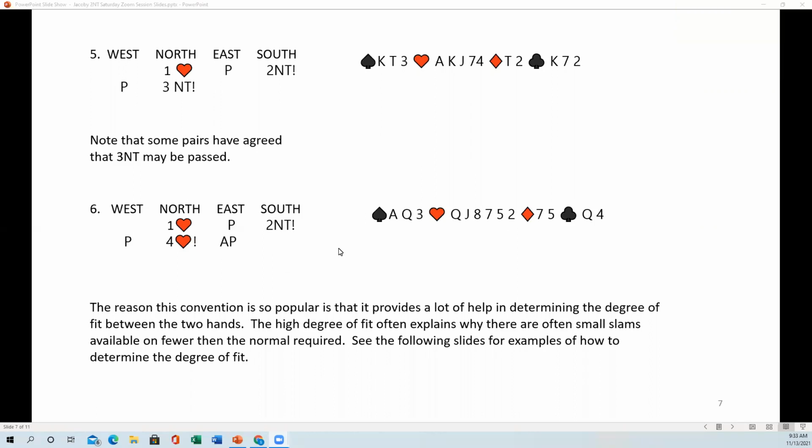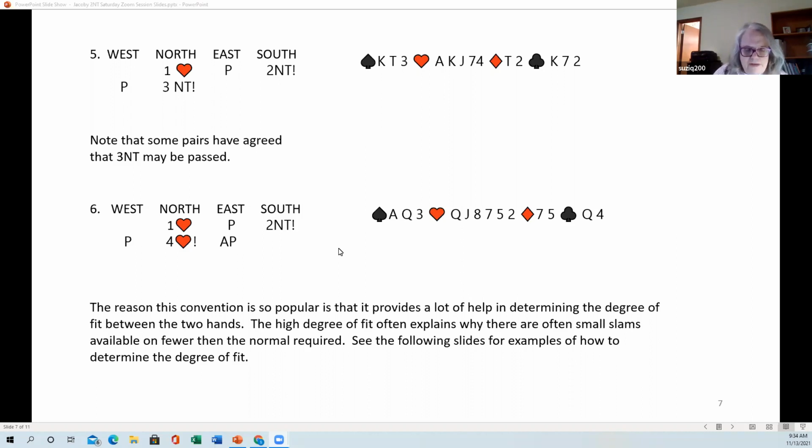Now, this is a very, very popular convention. It's one of the most popular ones in terms of bids that show a major suit fit and a game force. The reason that it is so popular is because showing shortness by opener can really be useful in determining the degree of fit between the 2 hands.